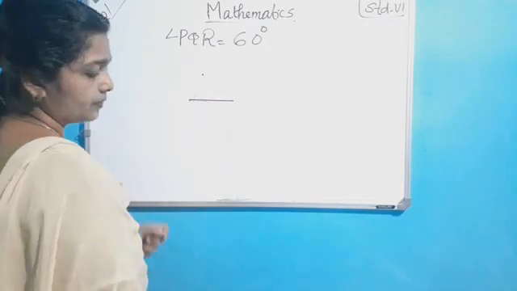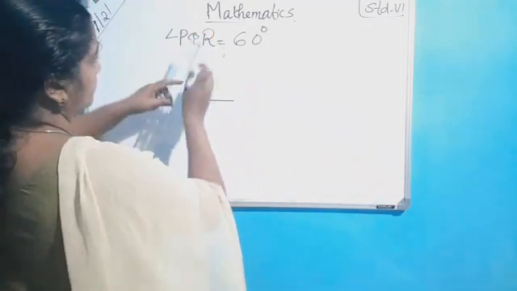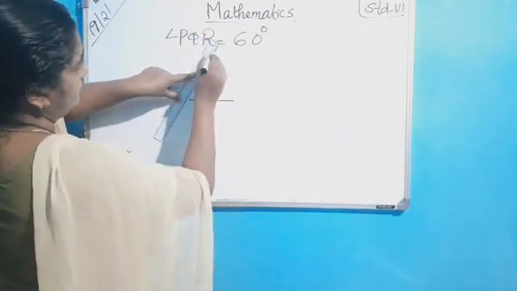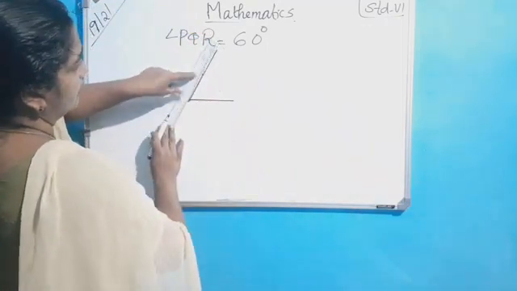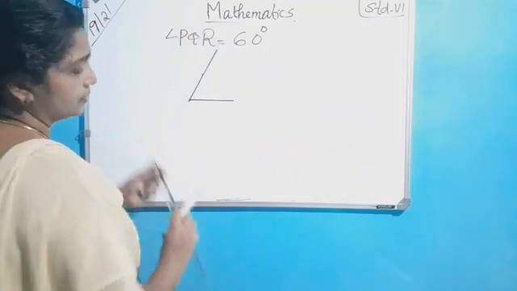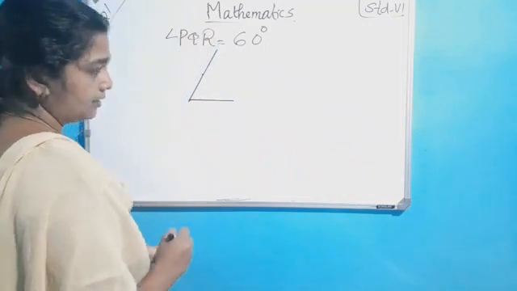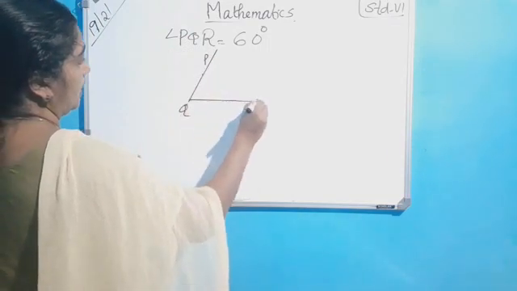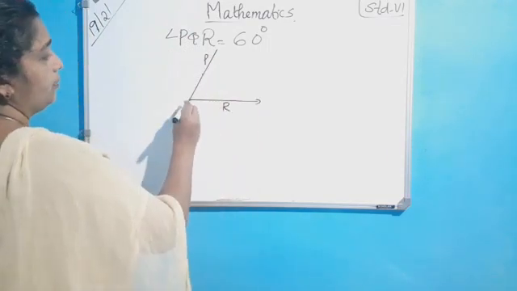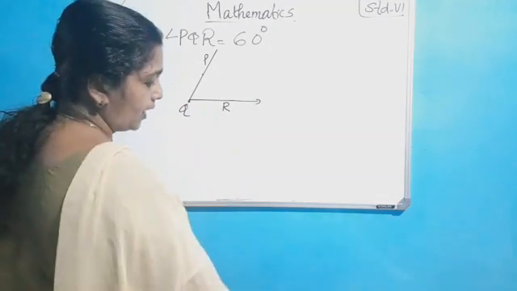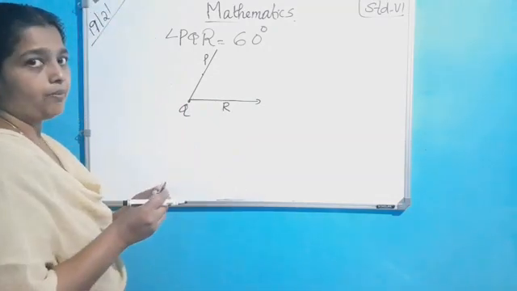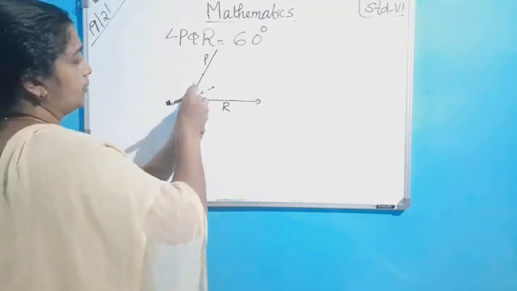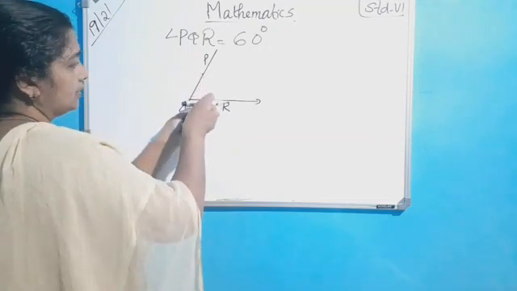Next step, take the scale and join, giving P, Q and R. From Q, take the compass and cut a small arc.